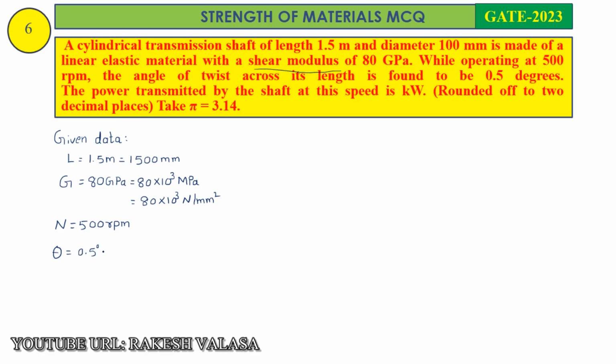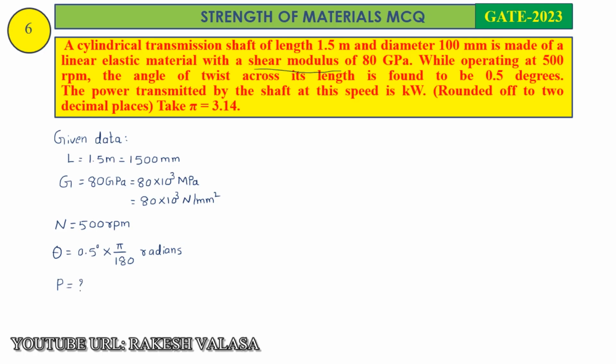To convert into radians, that is 0.5 into pi by 180 radians. He is asking for the power transmitted by the shaft at this speed. So he is asking for P.